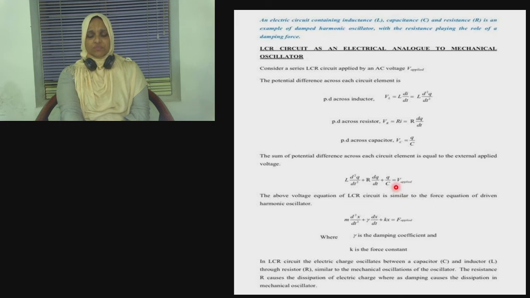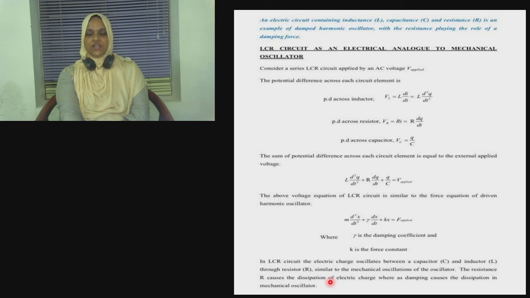Now you can see that this equation is similar to the equation of a forced harmonic oscillator, m into d square x by dt square plus b dx by dt plus cx is equal to F applied, the applied force, where m is the mass of the oscillator, b or gamma is the damping coefficient, and k or c represents the force constant.